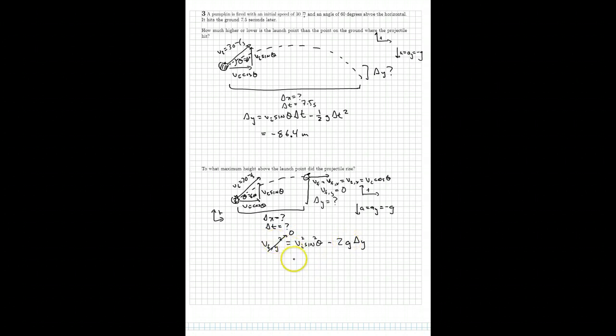So I'll bring that over to the other side. I get 2g delta y equals vi squared sine squared theta. So delta y equals vi squared sine squared theta divided by 2 times g, and I get 33.75 meters. So it went up quite a ways, and then it ended up going down a pretty deep cliff.